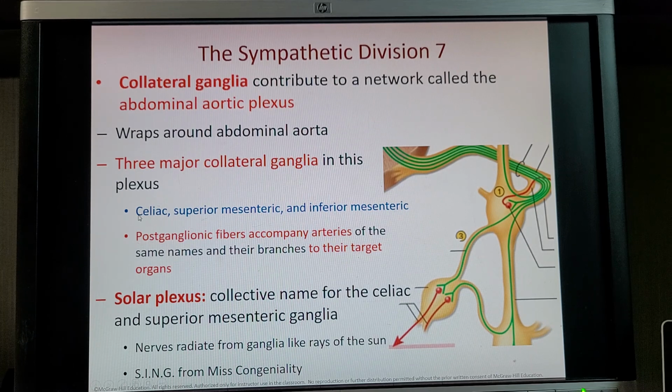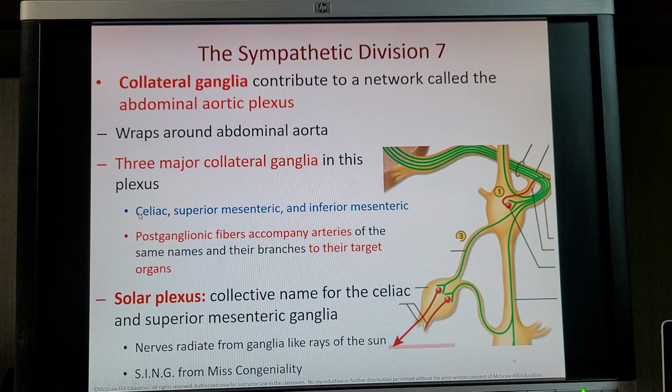And then celiac referring to the stomach. Remember people who have celiac disease, the people who can't have gluten, that's referring to a stomach situation. So they hang around those plexi until eventually they go to their actual target.